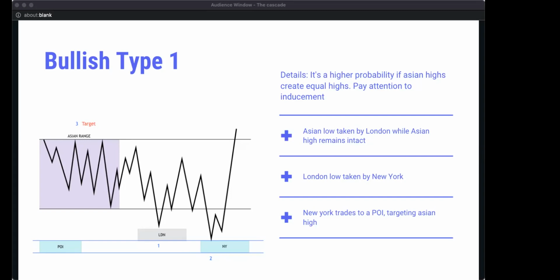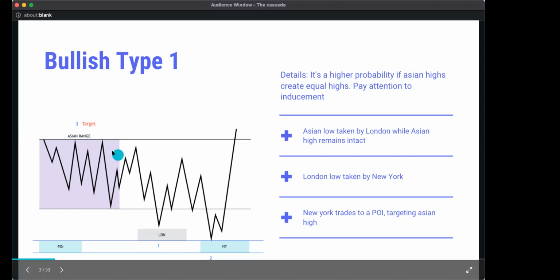Okay, so let's look at what we have here. We have an Asian range, right? We have the Asian range inside this purple box here, and we can see the Asian low and the Asian highs. It's really nice if the Asian range leaves equal highs up here, some sort of liquidity pull up here. And we get a move down into London. Sorry, can't see my mouse.